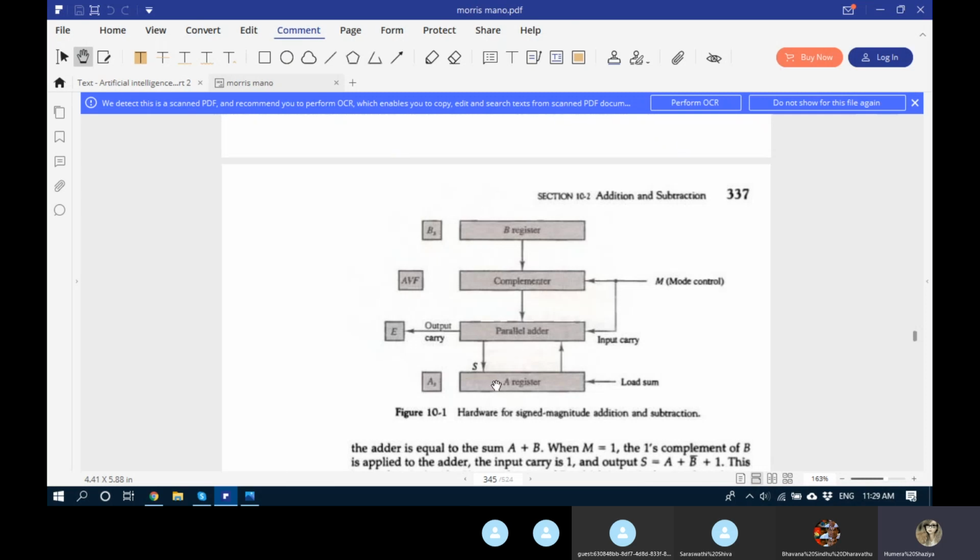A register will hold the value of A, and the sign of A is stored in AS.